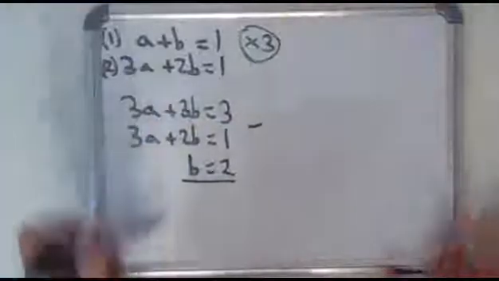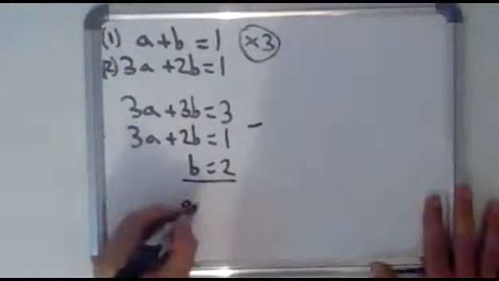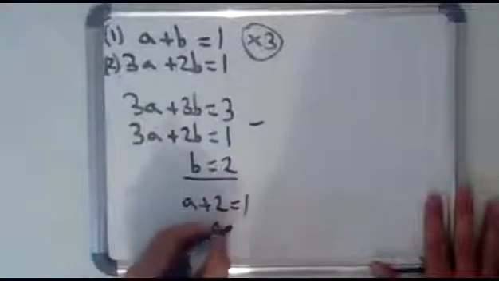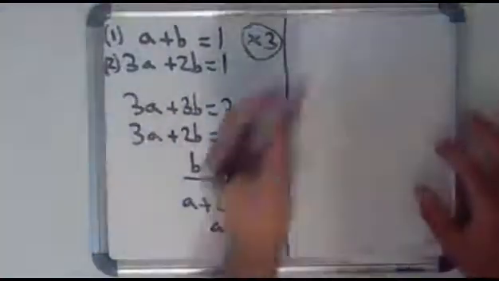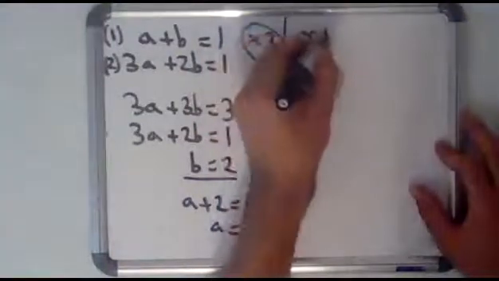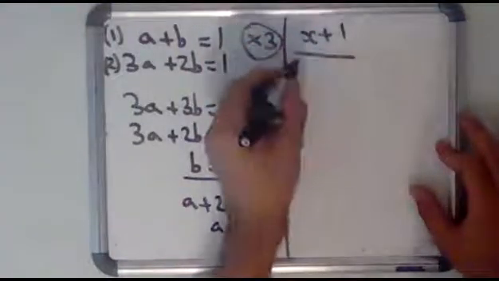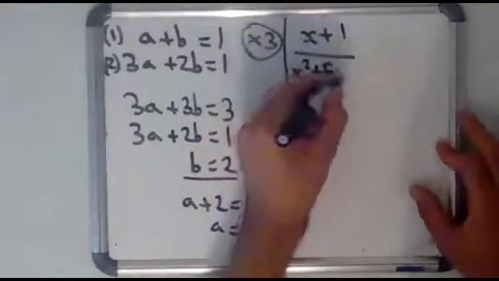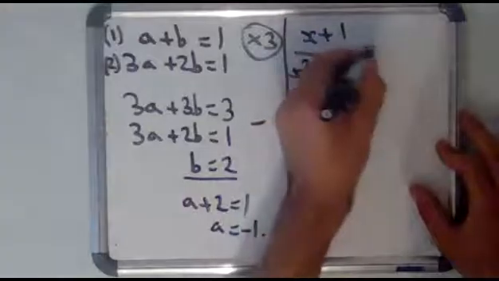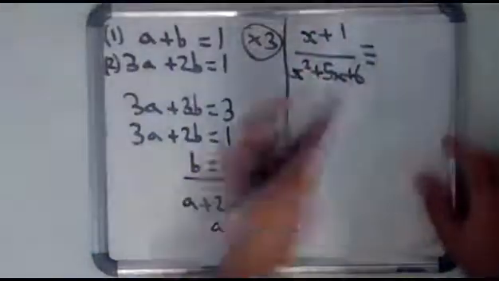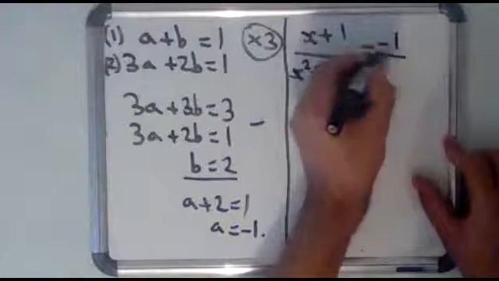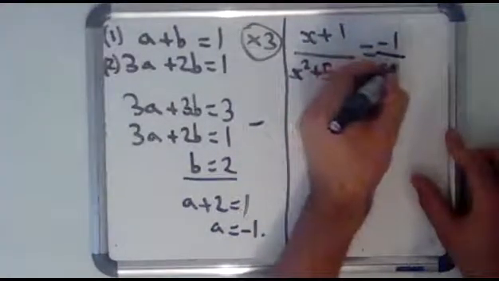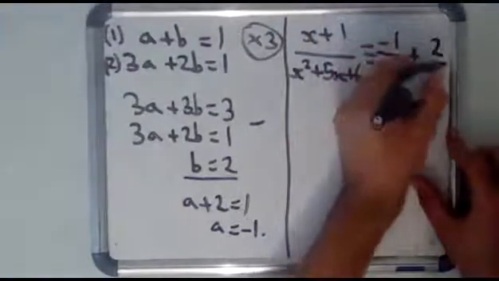And then, well, if A + B = 1, so A + 2 = 1, so A must equal 1 minus 2. A equals minus 1, which means that (x + 1)/(x² + 5x + 6) is identical to minus 1 over (x + 2) plus 2 over (x + 3).